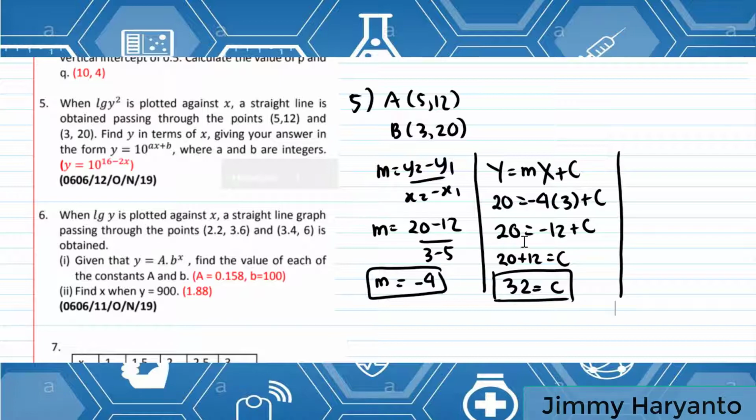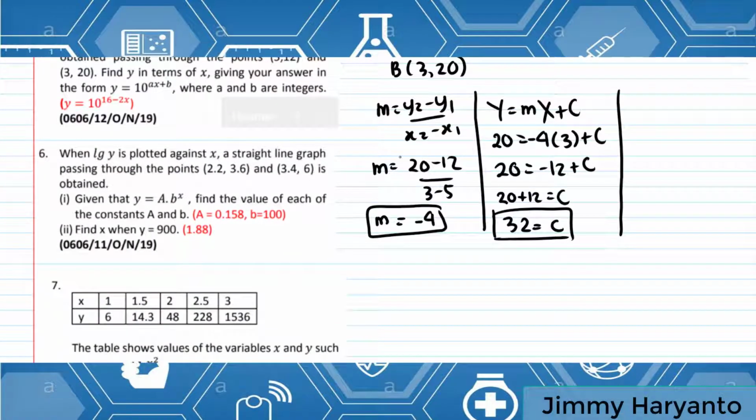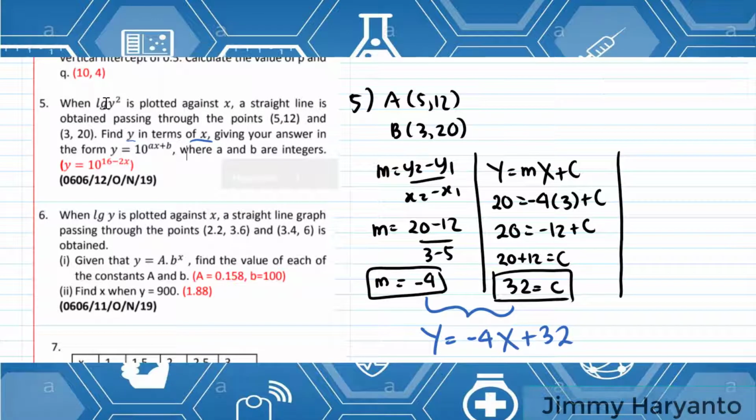Next is combine them together. We already got the m and the c, so I have y equals to mx plus c. Okay, the questions want us to find y in terms of x. So we plot LGY square against x.